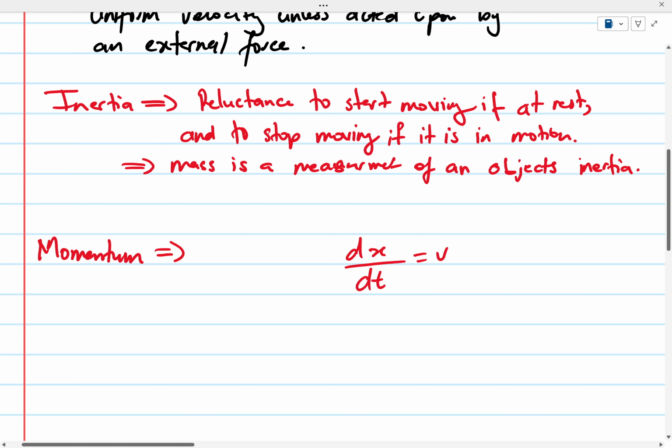So this is velocity, but I'm not sure what you're referring to as it relates to the rate of change of motion.